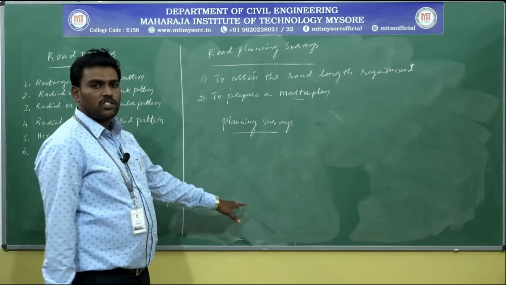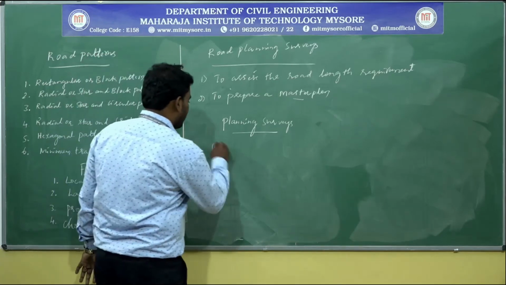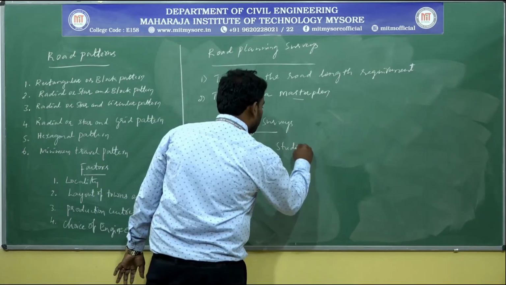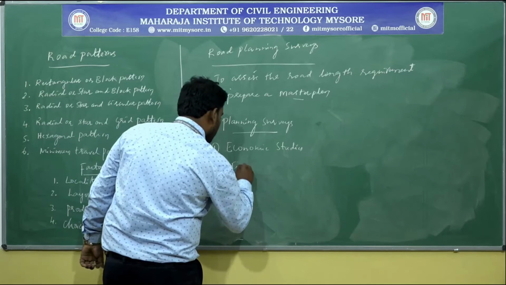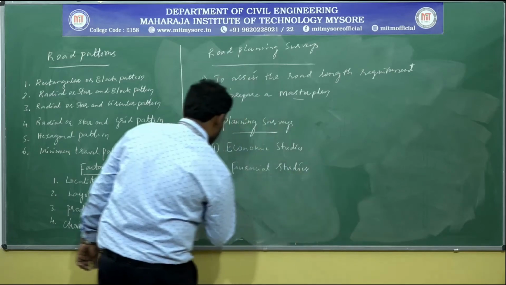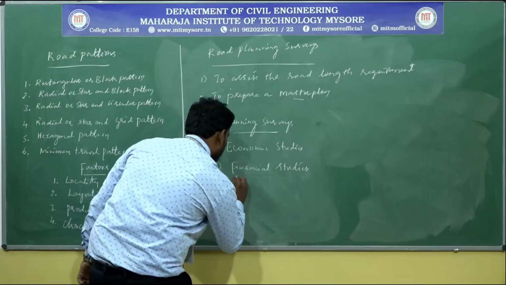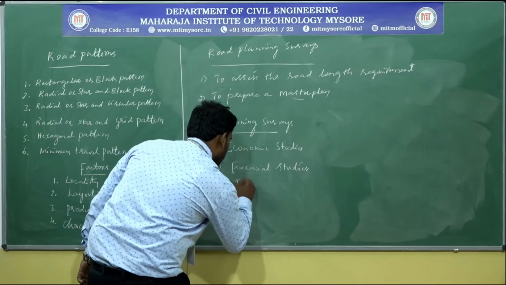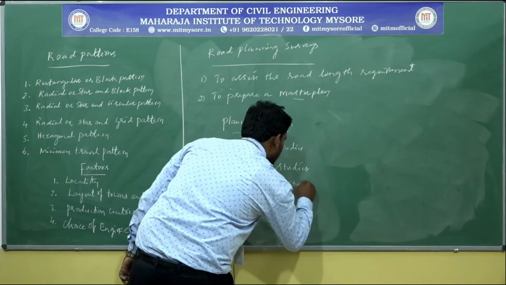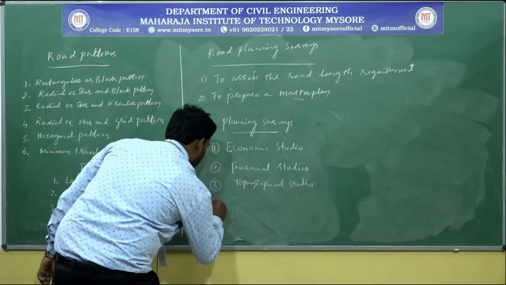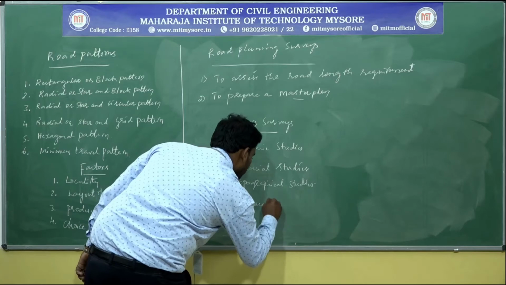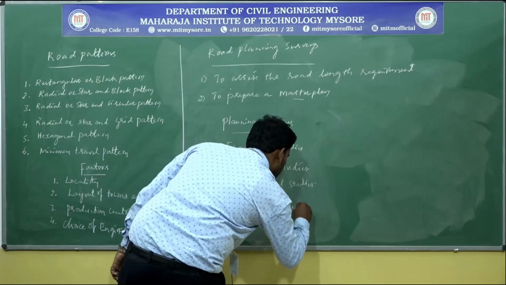Okay, there are 4 studies undertaken in the planning surveys. The first one is economic studies. Second one is financial studies. Third one is topographical study, and fourth one is engineering studies.